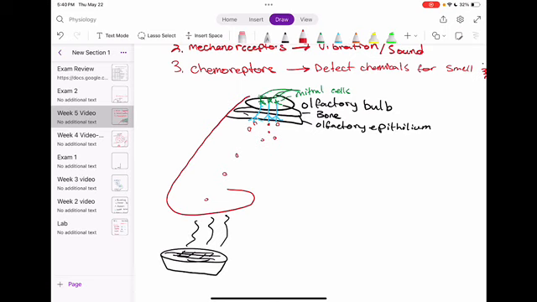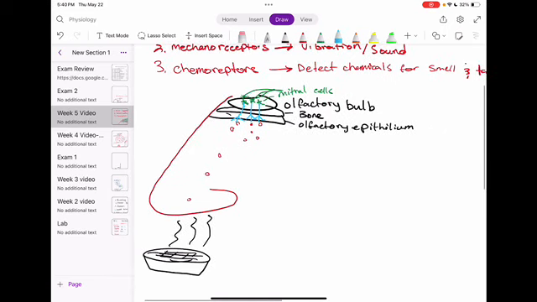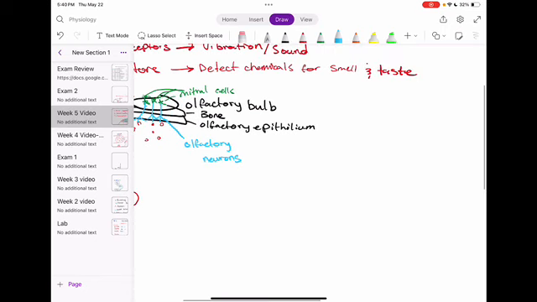And so the way this works, I'll draw a closer picture. Oh, I never labeled these ones. Neurons. So, these are responsible for smell.